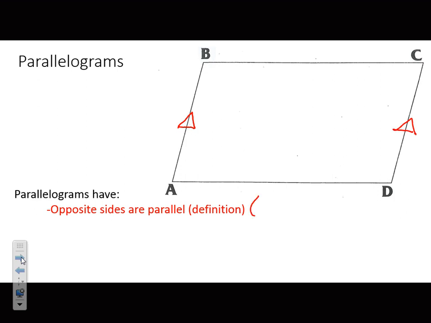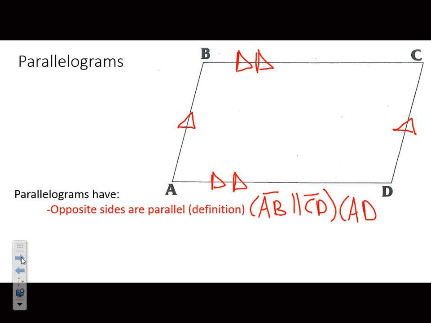So if you guys want to put it over here, AB is parallel to CD. Also, AD is parallel to BC.